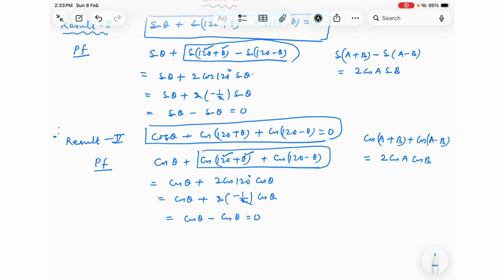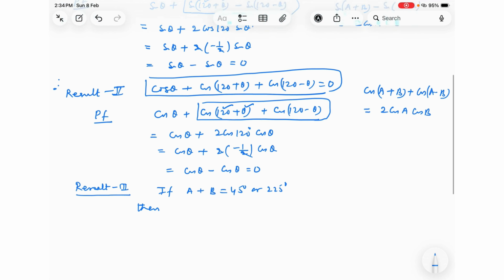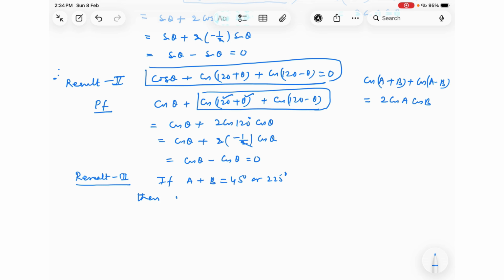Now let us come to a very important result, very useful in many questions. Result 3. Now remember, if A plus B is equal to 45 degrees, or 225 degrees, then (1 plus tan A) into (1 plus tan B) is always equal to 2.